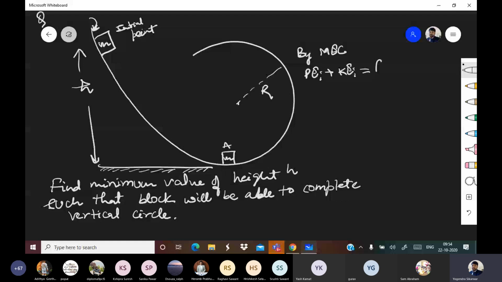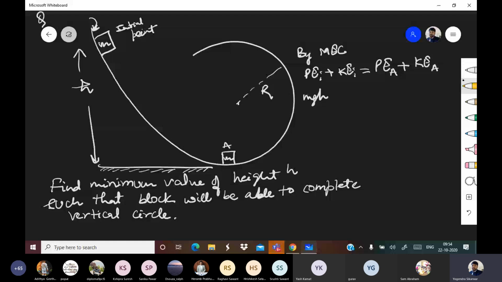Now PE initial is how much? MGH. I am considering this line as the reference line. So PE initial is MGH, KE initial is 0 because the object is released. PEA will be 0 plus KEA will be half MVA square.